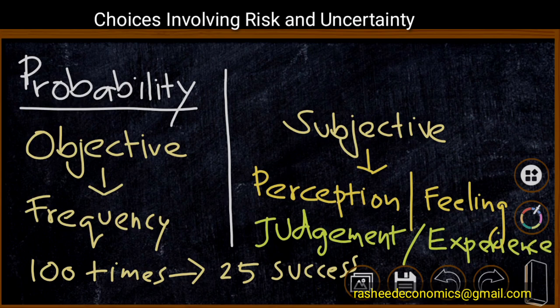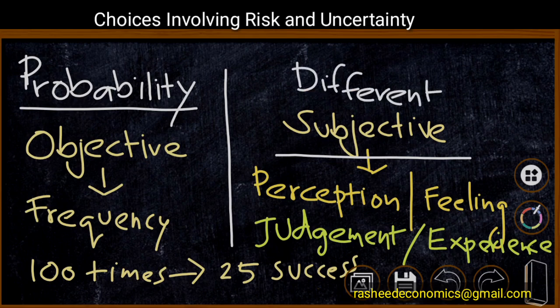If we are considering subjective probability, the perception of individuals may be different and automatically there will be different probability levels or different measures of probability. If the probabilities are different, the choices also will be different. That is, the choices of different individuals will be different.